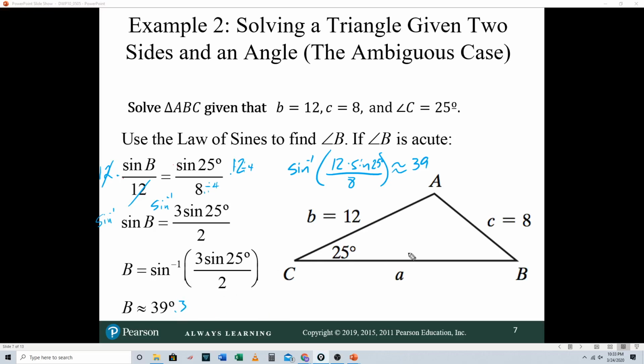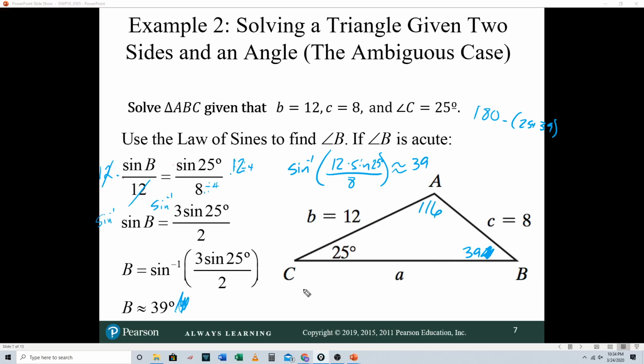So given that this is 39.3, I can use the fact that everything adds up to 180 degrees. So 180 minus the sum of 25, and I'm just going to do 39 because that's what they're going to do the rest of it with. So just ignore me. Okay, 39. Add those together, we get 64. So 180 minus 64 is 116.